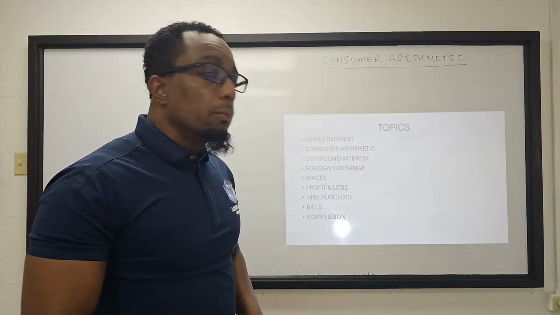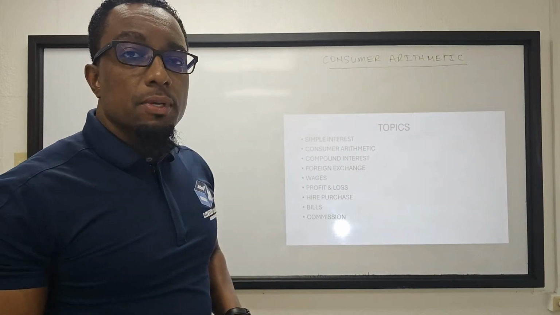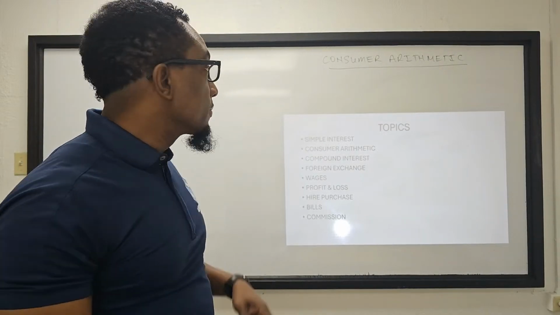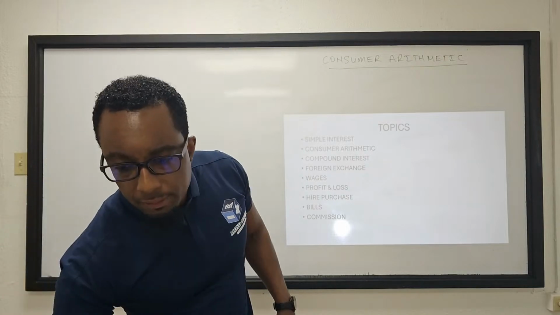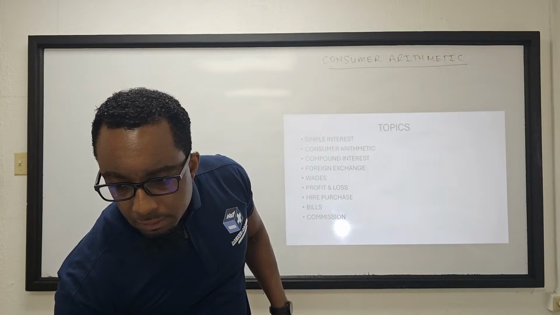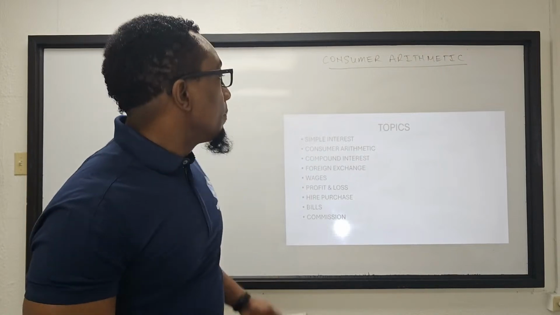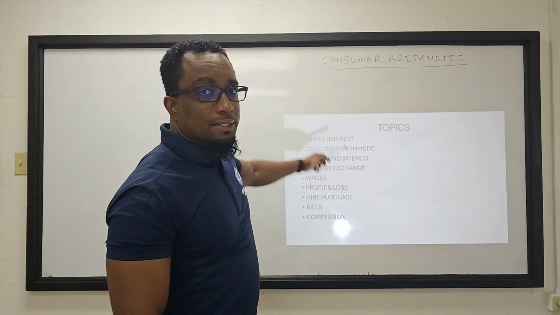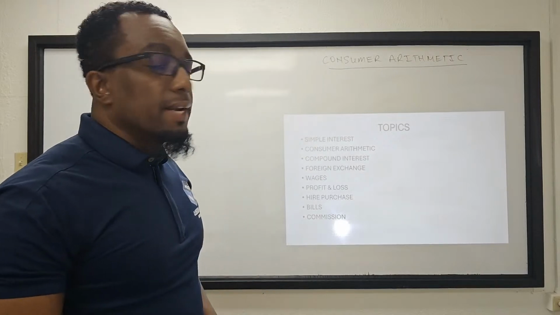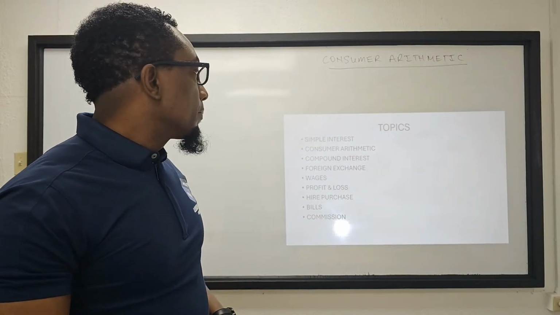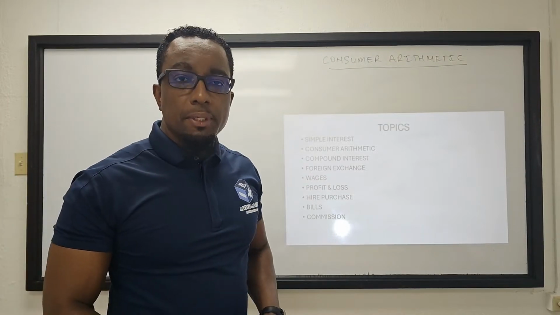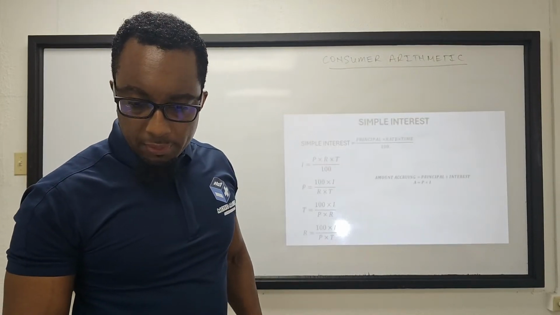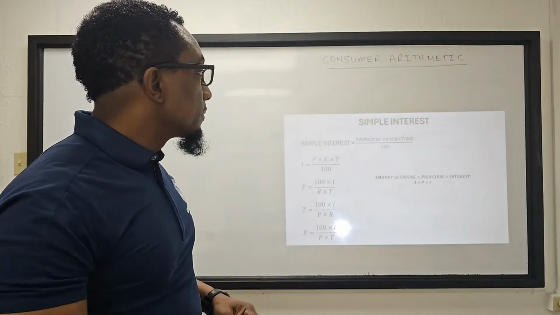Under consumer arithmetic, we'll be looking at topics and questions in relation to these topics: simple interest, compound interest, foreign exchange, wages, profit and loss, hire purchase, bills, and commission. So we're going to start with simple interest.